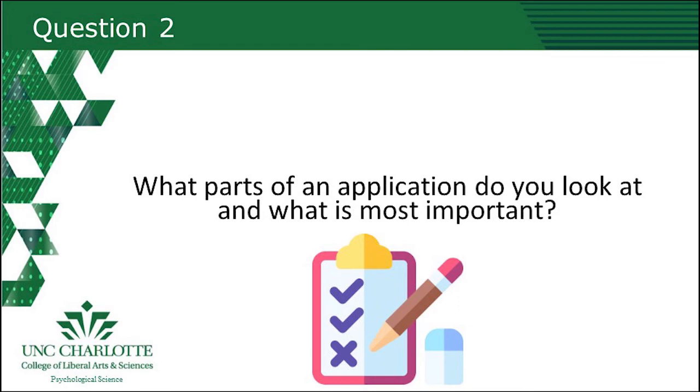So partly, if you're going for a clinical psychology PhD program, you're probably going to be competing with 150-ish other people for 5-ish spots. So the match becomes really important.